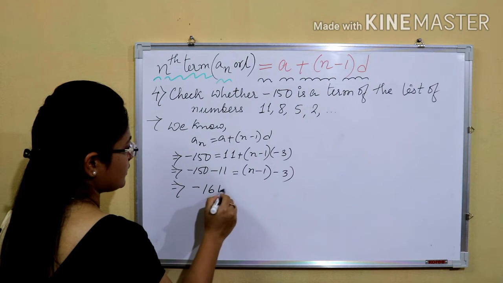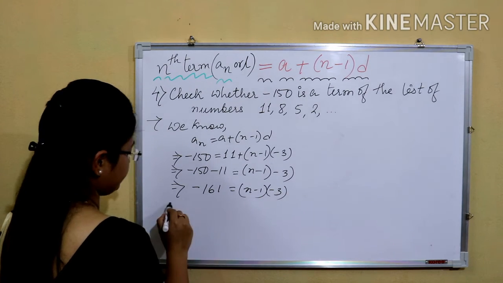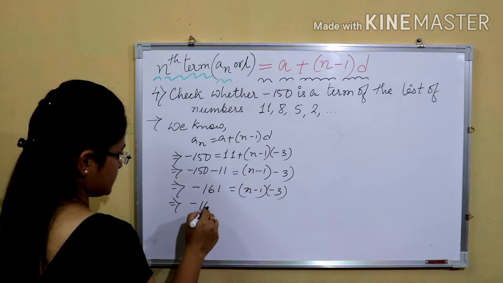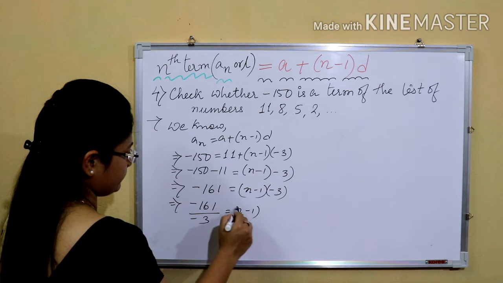Minus 150 minus 11 gives minus 161, equals n minus 1 times minus 3. Minus 161 divided by minus 3 is equal to n minus 1.